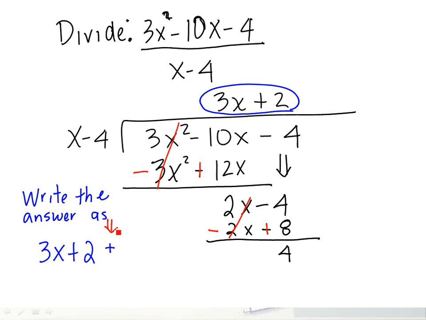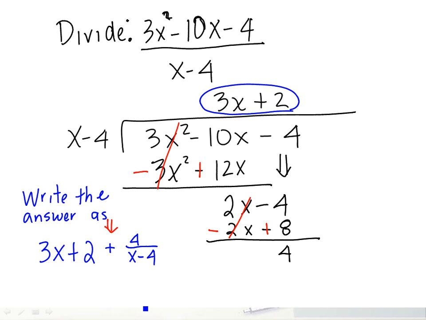Don't forget that plus. Then we usually put our remainder over what we divided by, called the divisor. So it's 3x plus 2 plus 4 over x minus 4.